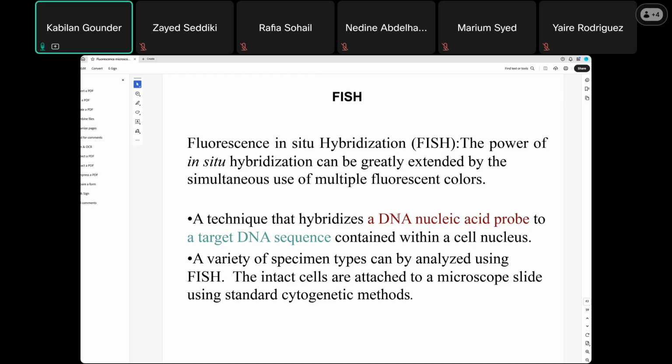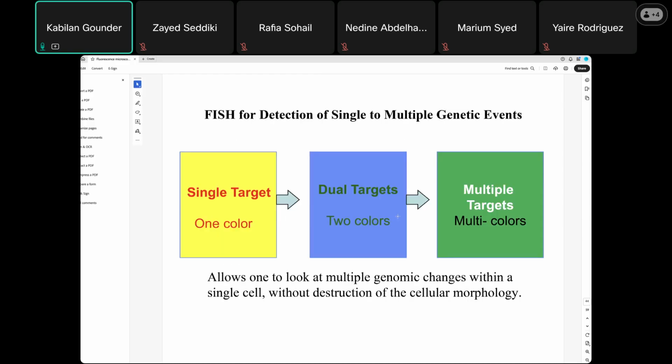Also, a variety of specimen types can be analyzed using this technique. This is the method commonly used on intact cells attached to a microscope slide using standard cytogenetic methods. So this is the FISH technique.